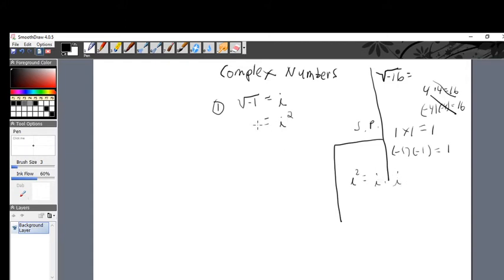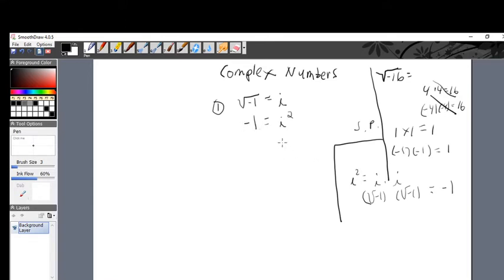What's i? i is the square root of negative 1. And then you multiply that times another square root of negative 1. The square root of negative 1 times the square root of negative 1 is negative 1 itself. So i squared is equal to negative 1.